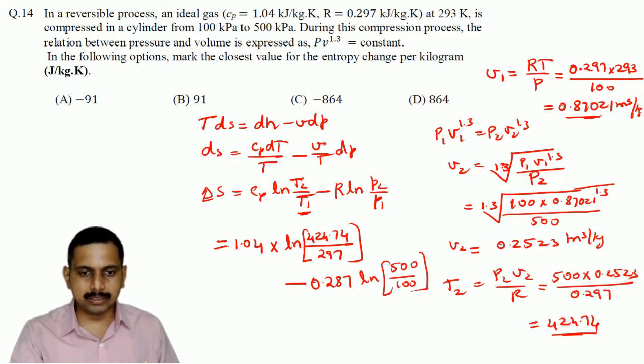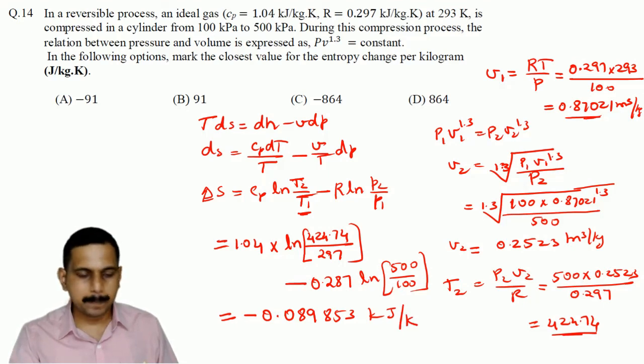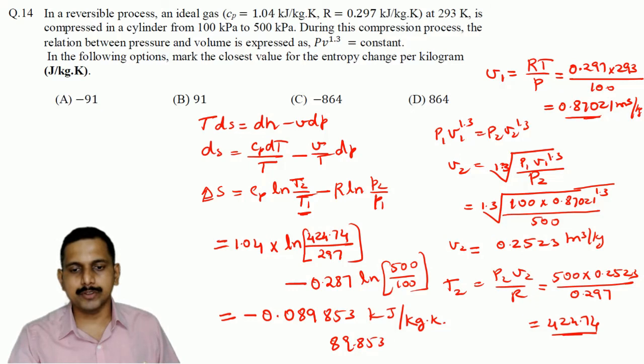When you do the calculation, the answer you get is minus 0.089853 kilojoules per kg Kelvin, correct, because it is specific. But it is asked in joules per kg Kelvin, so it is coming as 89.853 joules per kg Kelvin. This is delta S, negative.